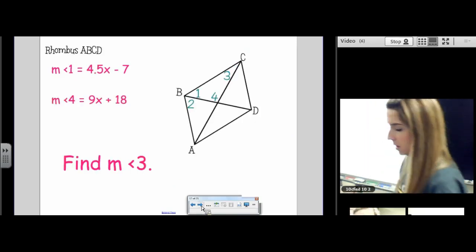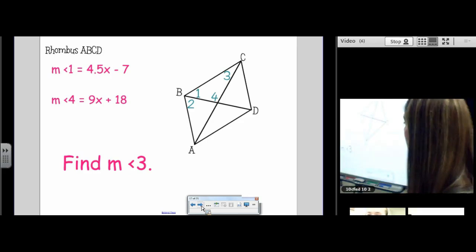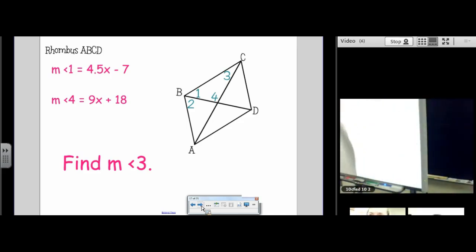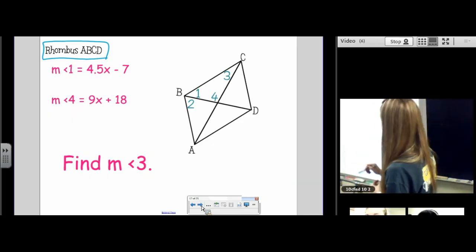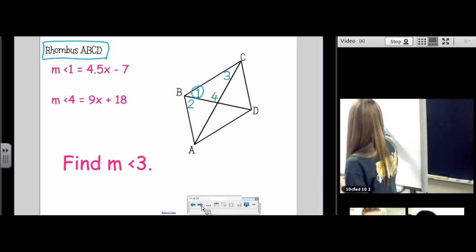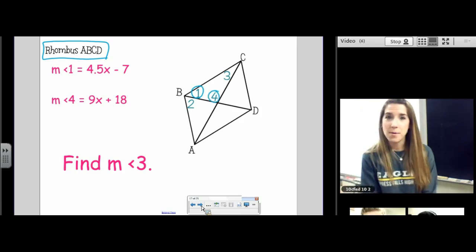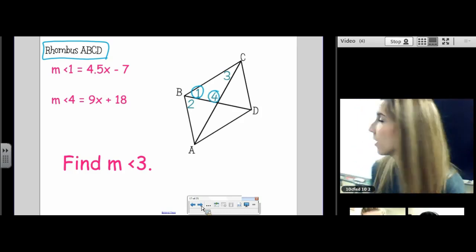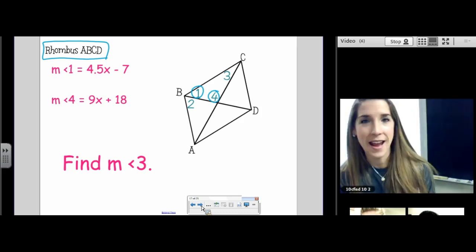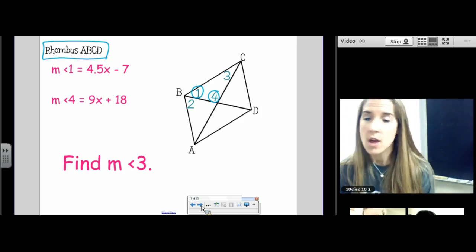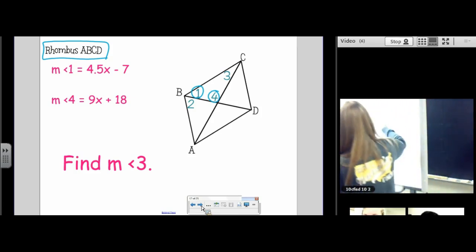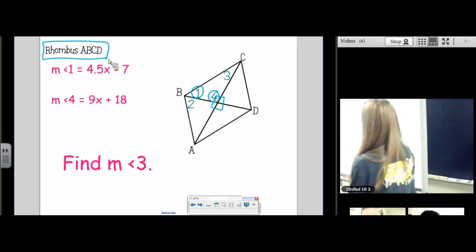The next one says that it is a rhombus. We are given the measure of angle 1, and we're given the measure of angle 4. We would not set those equal. We would not add those to equal 180. We're actually going to ignore the measure of angle 1 for now, because we know that in a rhombus, the diagonals are perpendicular.